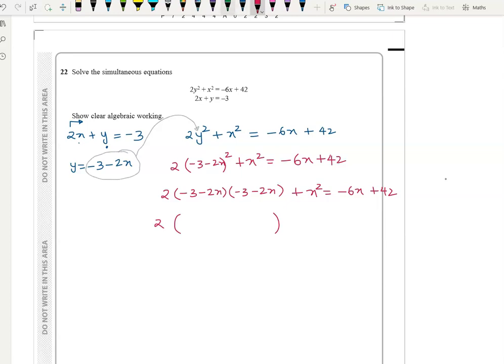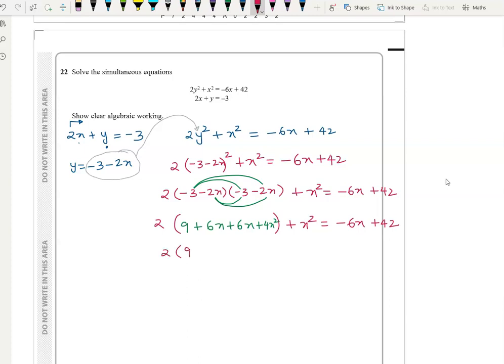Now minus 3 times minus 3 is plus 9, minus 3 times minus 2 is plus 6x, negative 2 with negative 3 is plus 6x, and minus 2x into minus 2x is plus 4x square. Okay, rest all will be same. Plus x square equal to minus 6x plus 42.